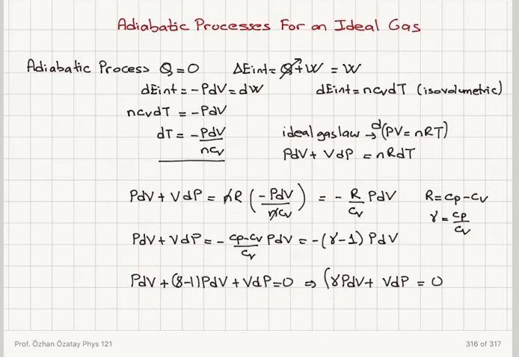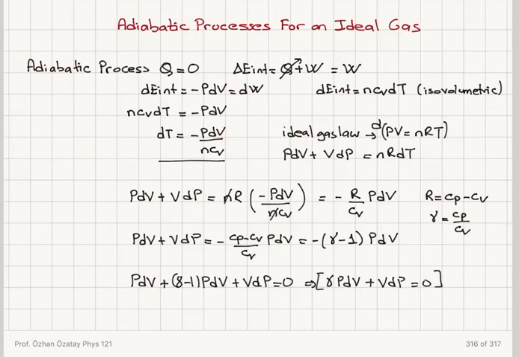If I integrate this from initial state to final state, or before I do this integration, I have to do separation of variables. So let's rewrite this. Gamma times P dV plus V dP is 0.